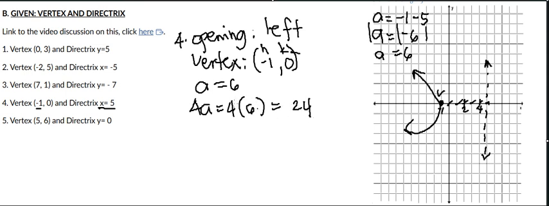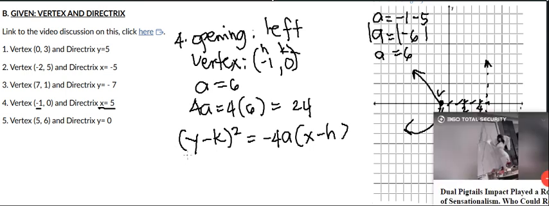We are now ready to write our standard equation. Based on the opening being left, we start off with y minus k squared equal to, facing left, negative numbers, so negative 4a times x minus h.